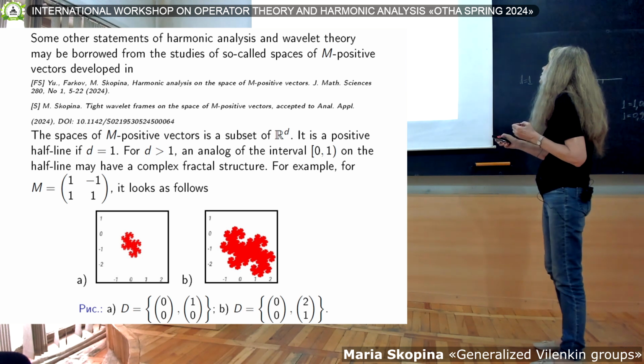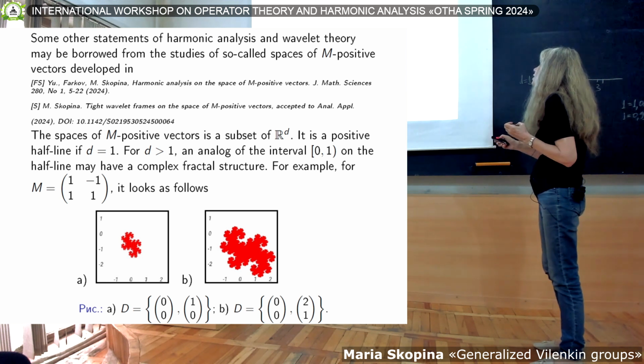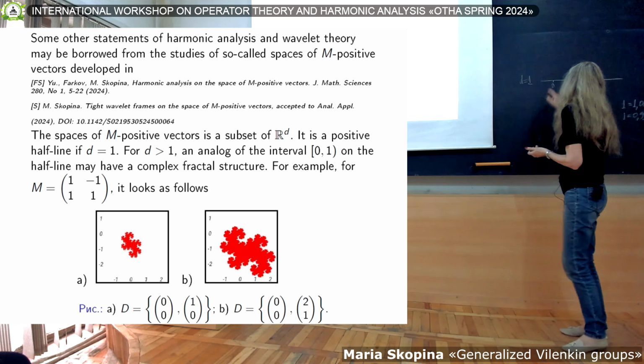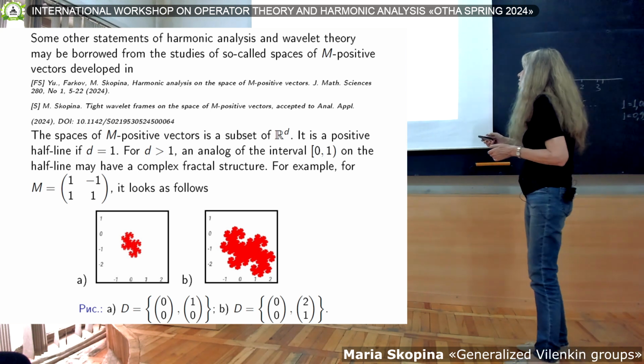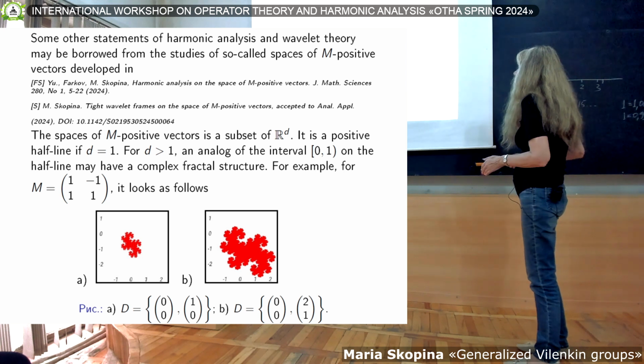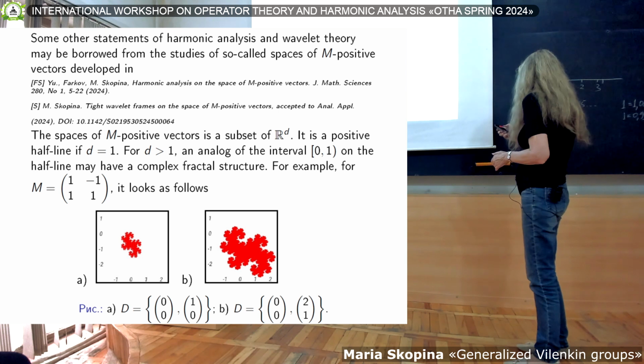For example, this is a matrix which is called Quincke's matrix. So, a beautiful picture: the dragon. The dragon is an analog of the interval [0, 1]. For another set of digits, we get another dragon.